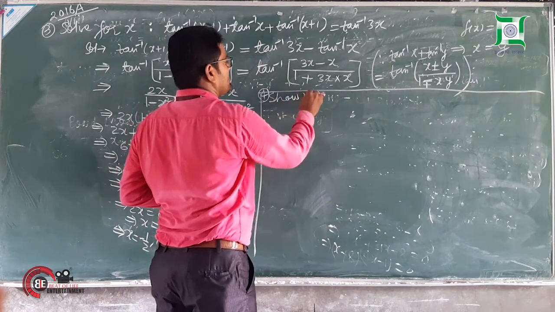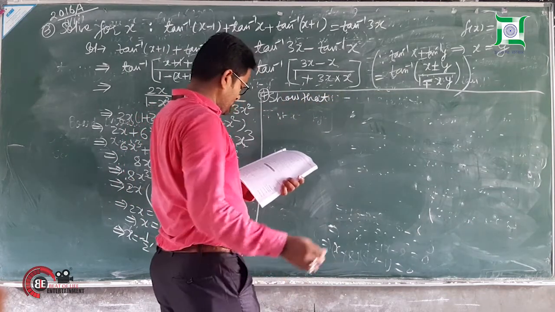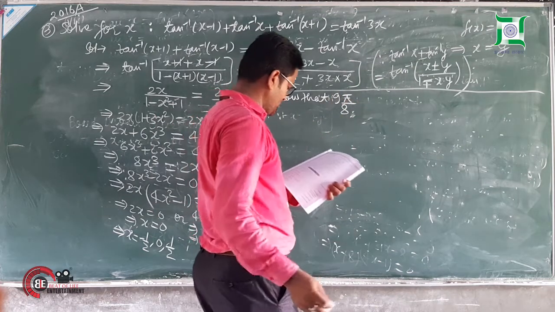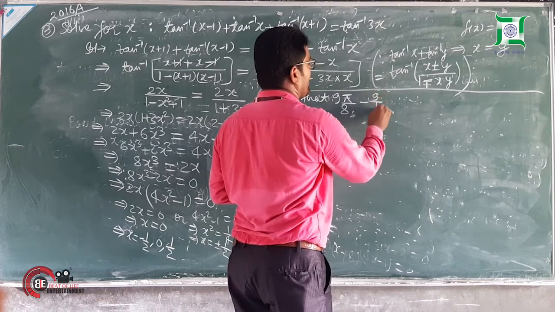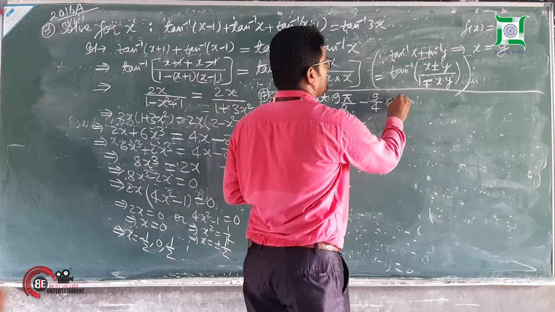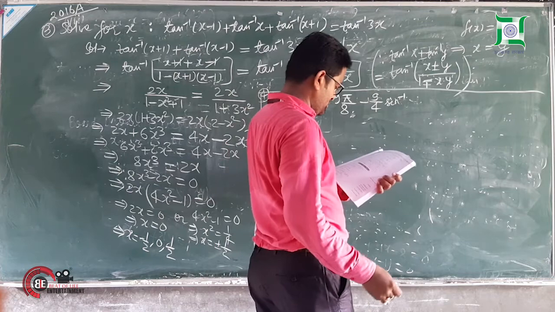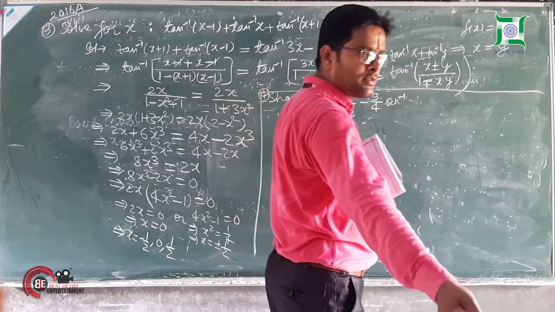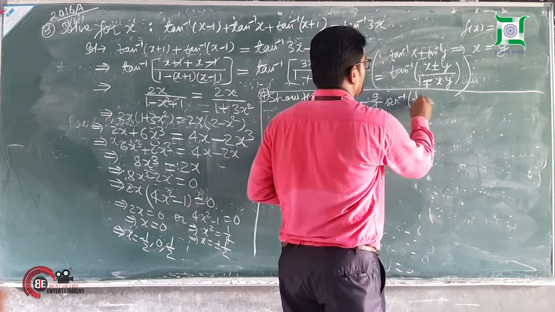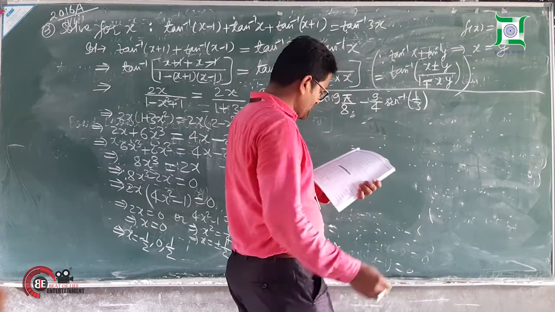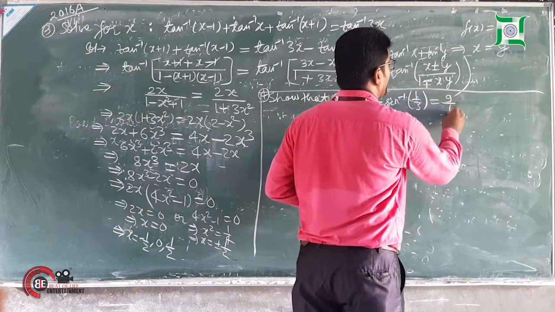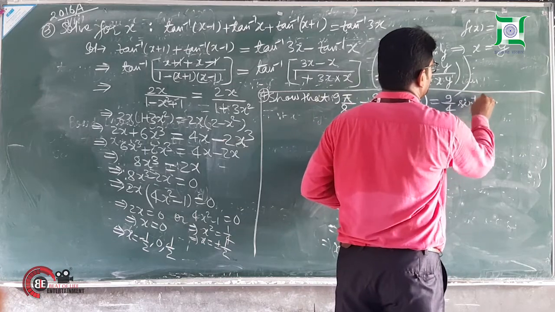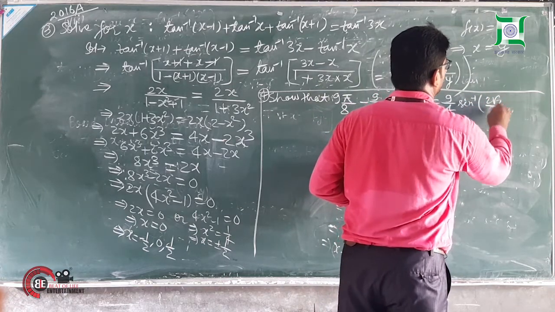Show that 9 pi by 8 minus 9 by 4 sine inverse 1 by 3 is equal to 9 by 4 sine inverse 2 root 2 by 3.